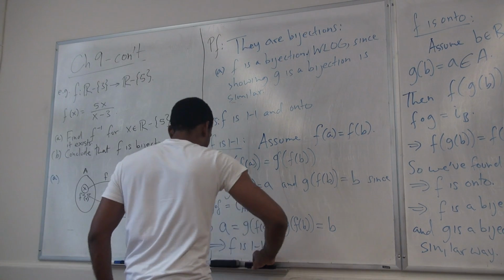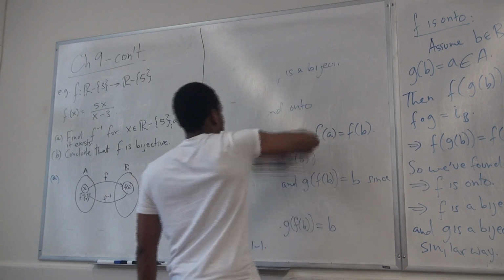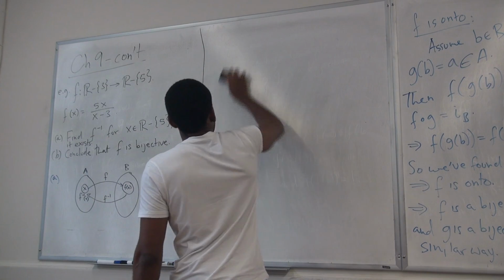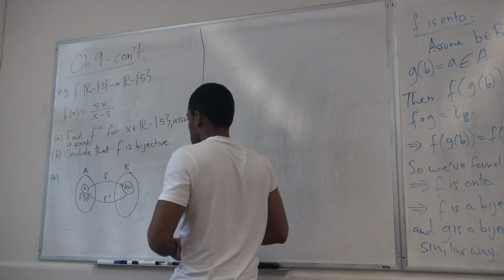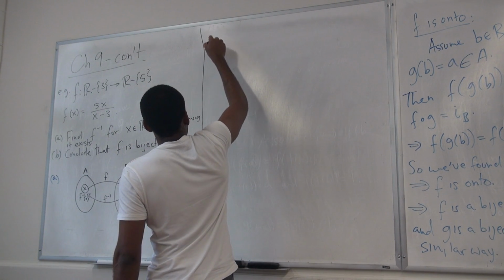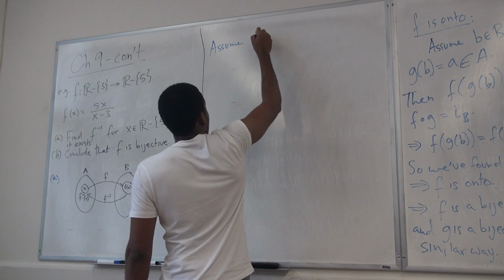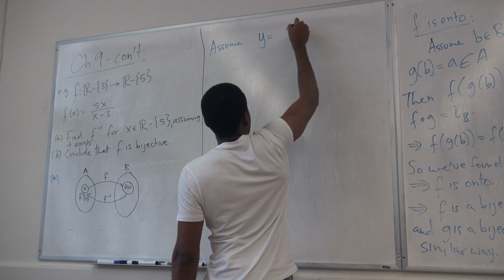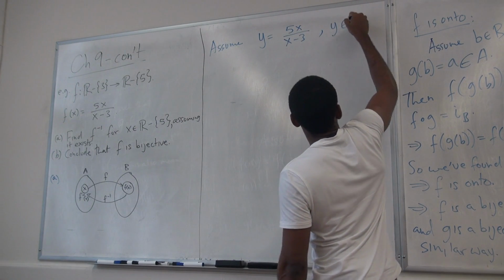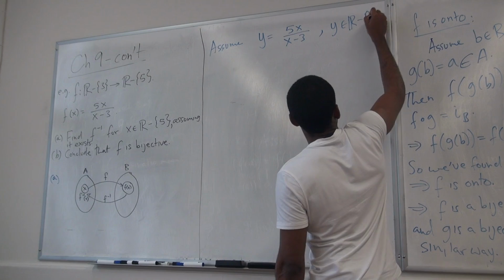Okay, so let's actually do that. Find the inverse, and again, it's pretty much the same thing you've done back in calculus. It's not anything crazy. Alright, so assume y equals 5x over x minus 3, where y is an element of R minus {5}.